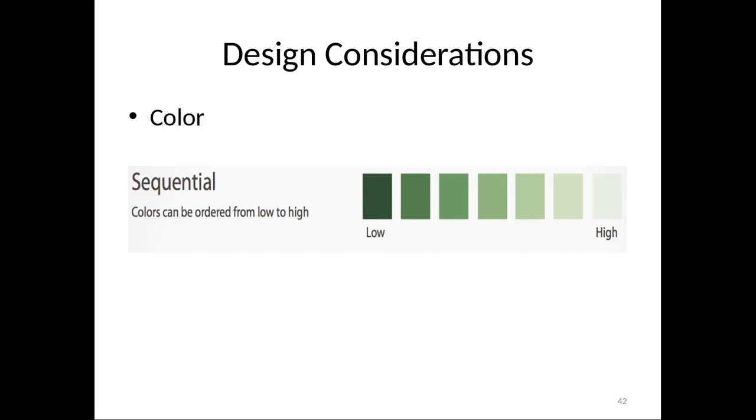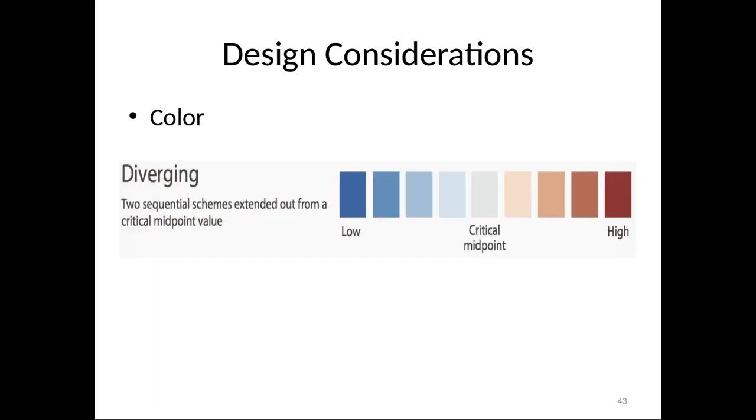Here is a color scheme which is sequential, where the same color with the same hue but different saturation is ordered from low to high, so it can be used to represent different amounts or different ranges of values. Then we have diverging, where two sequential schemes extend out from a critical midpoint value.